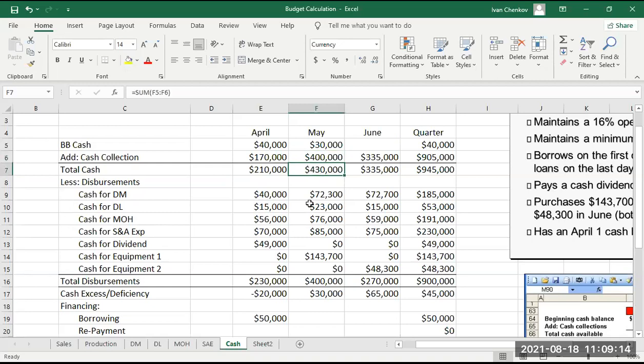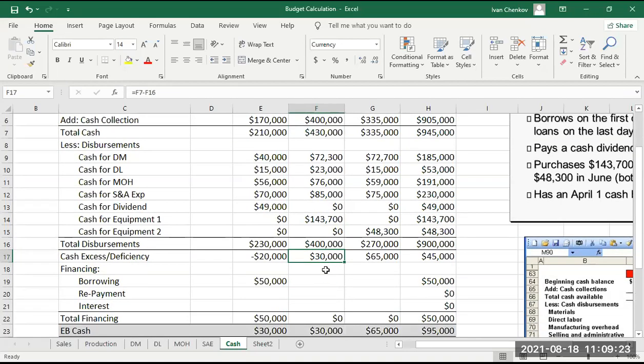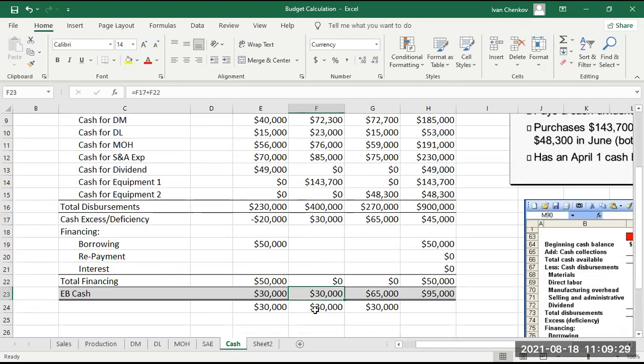So when I run the calculation for May, I can see that I'm collecting cash of $430,000. My deficiency is exactly $30,000. Now I have cash excess of $30,000, which is exactly the minimum required cash. So I don't have to do anything in May. I don't have to borrow, but also I cannot repay anything.